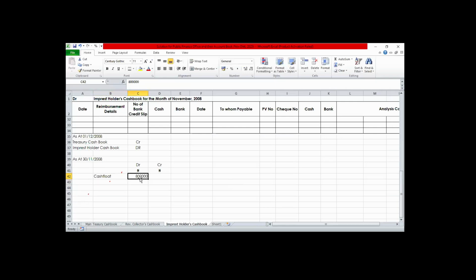Now, the officer spent that 80,000 on the following expenses. What are the expenses, please? Motor expenses. Postages and stationery. What else again?